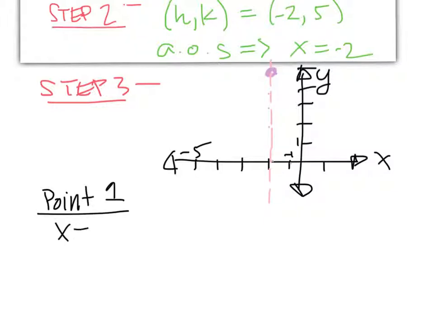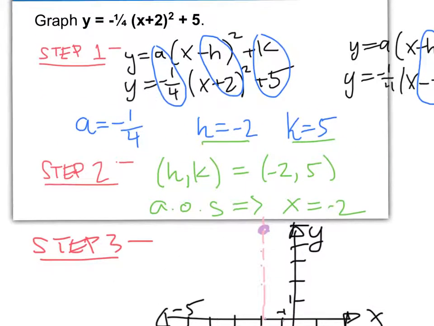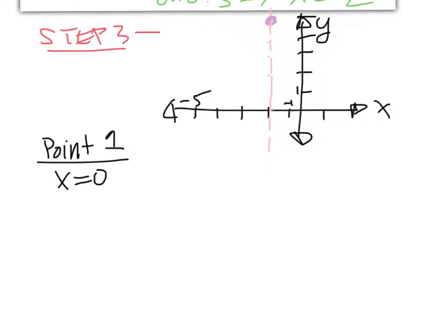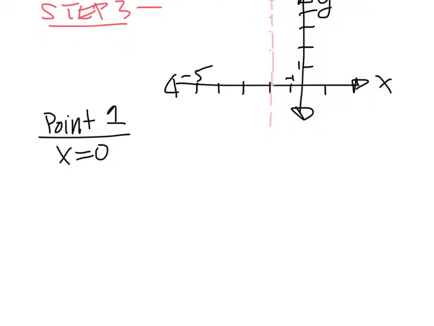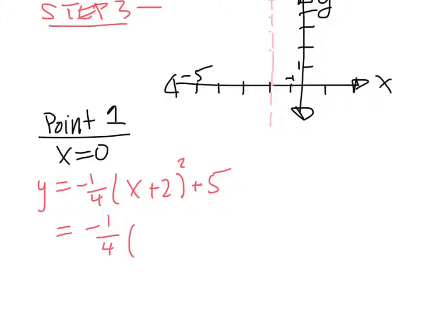let x equal 0. So you plug that into our original equation, which is this one up here. And you get y equals -1/4 (h plus 2) squared plus 5, or -1/4 (0 plus 2) squared plus 5.